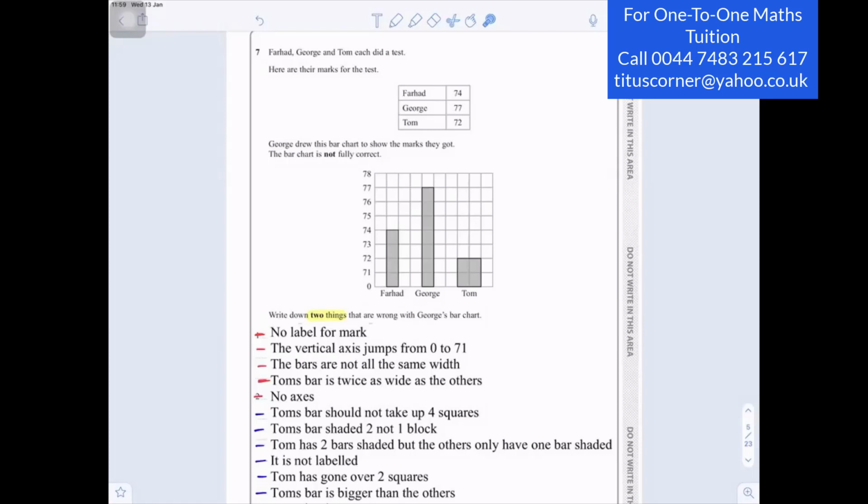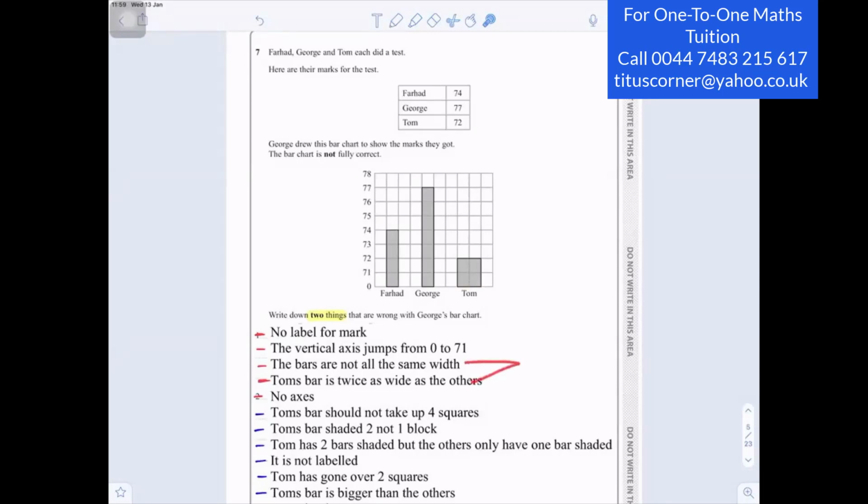Another reason you can use: the bars are not all the same width. Like the width of this is 1 square, this one is 1, this one is 2. So the widths are not all the same. Or you can say Tom's bar is twice as wide.